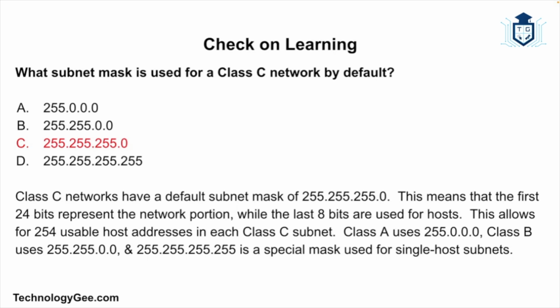This means that the first 24 bits represent the network portion, while the last 8 bits are used for hosts. And this allows for 254 usable host addresses in each Class C subnet. And Class A uses 255.0.0.0. Class B is 255.255.0.0. And the last one, 255.255.255.255, is a special mask used for single host subnets.